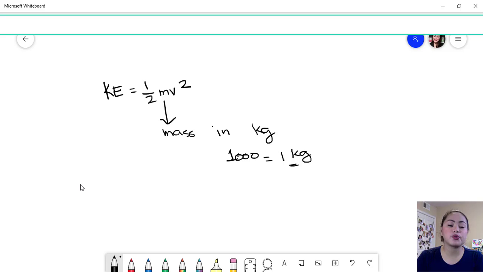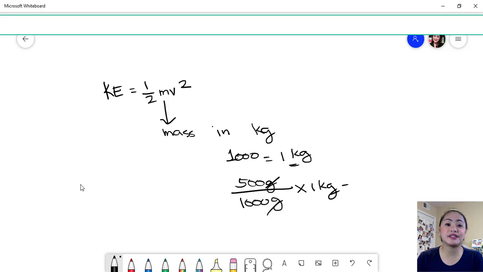For example, if what is given is 500 grams, you divide it by 1,000 grams times 1 kilogram. You can cancel the same units, which is grams, and what remains is kilograms. So 500 divided by 1,000 is 0.5 kilogram.